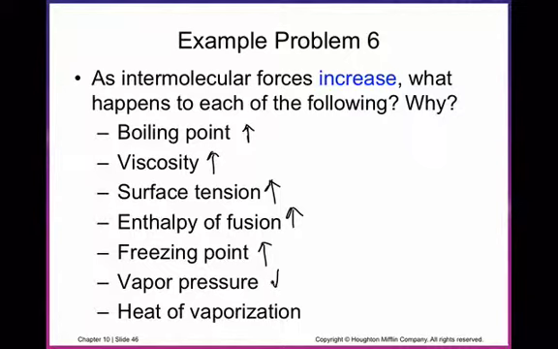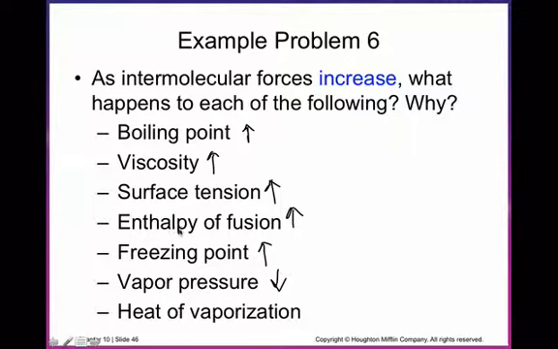Vapor pressure will go down. Vapor pressure is going to go down because those intermolecular forces are going to hold the molecules together, not allowing them to go into the gas phase, not allowing them to become vapor. The heat of vaporization follows the same rule as the enthalpy of fusion.